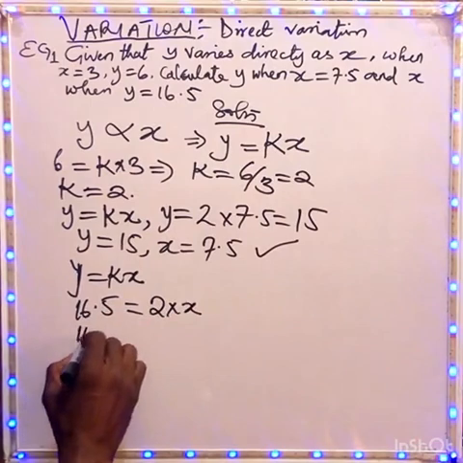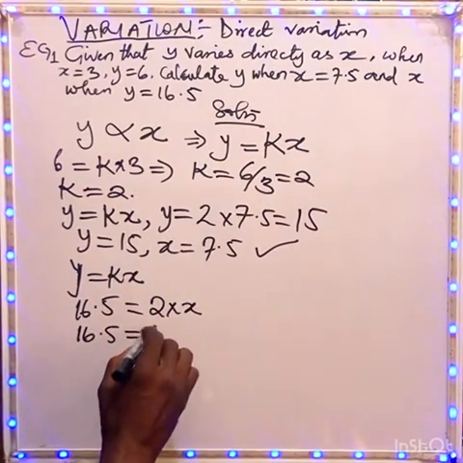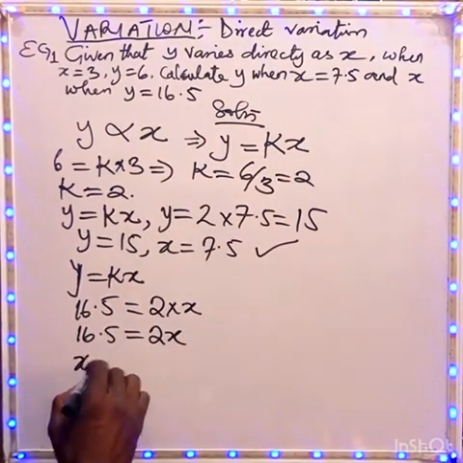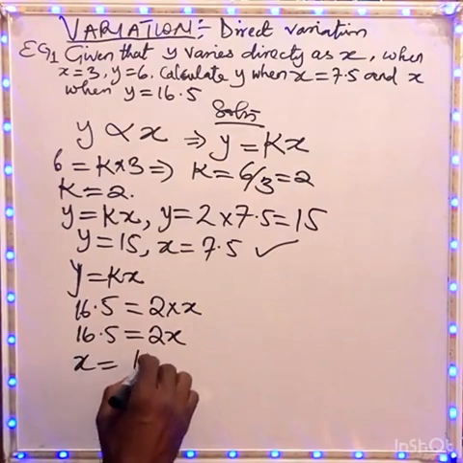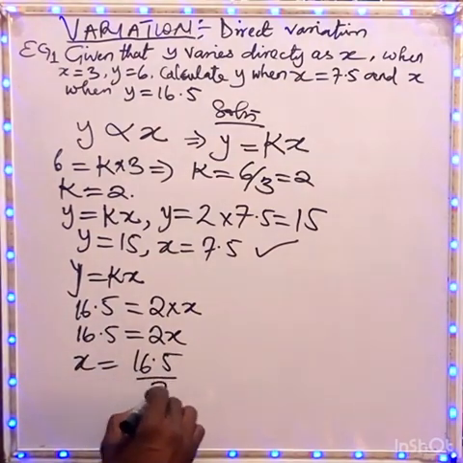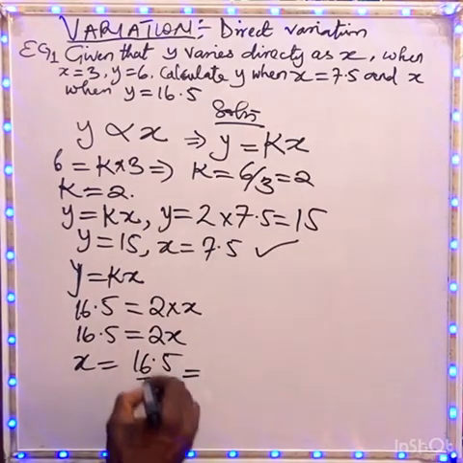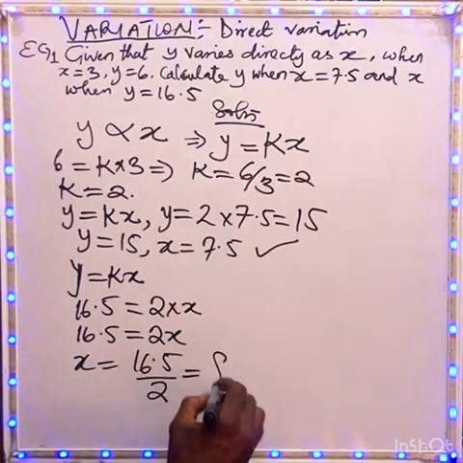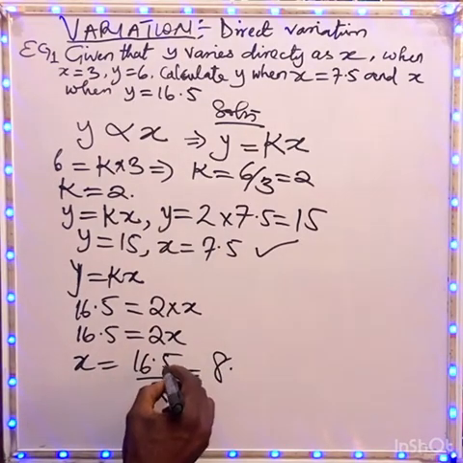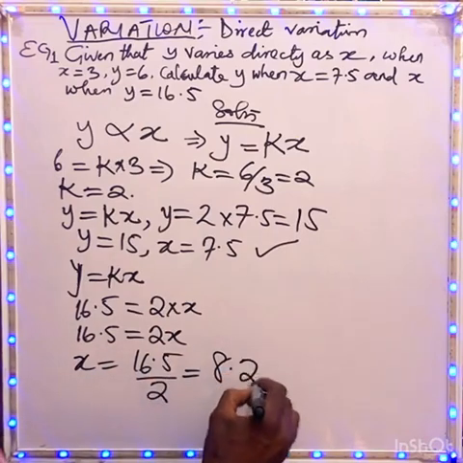So you have that 16.5 is equal to 2x. So you can say that x is equal to 16.5 divided by 2, making x the subject of the equation, which gives 8.25.